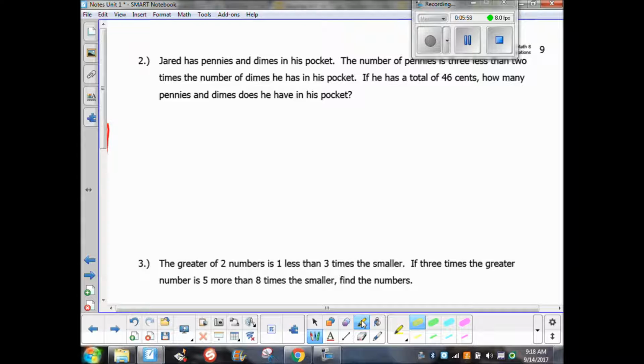A lot of information going on there. So let's take out our highlighters here. Pennies is 3 less than 2 times the number of dimes. He has a total of 46 cents. Take out the math words. How many pennies and dimes does he have in his pocket?